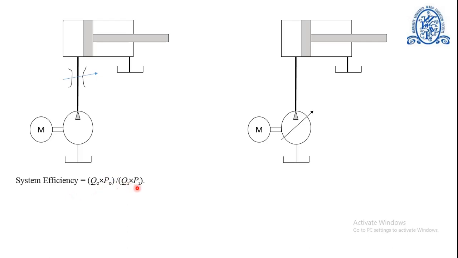Assuming that the pressure required is 30 bar and there is no loss of pressure and flow in the system, then the system efficiency for the gear pump, which is a fixed displacement pump, is 7.5 into 30 upon 20 into 30, because the output flow rate requirement is 7.5 liters per minute, whereas the pump flow rate is 20 liters per minute, and thus the system efficiency is 37.5%.